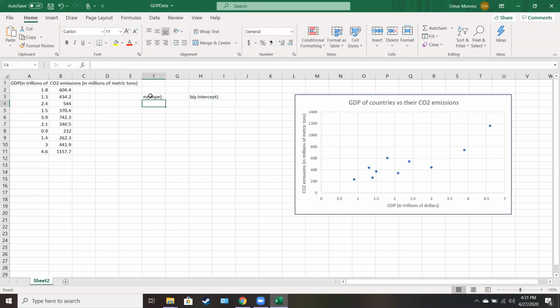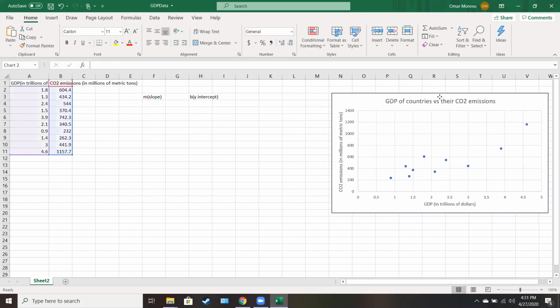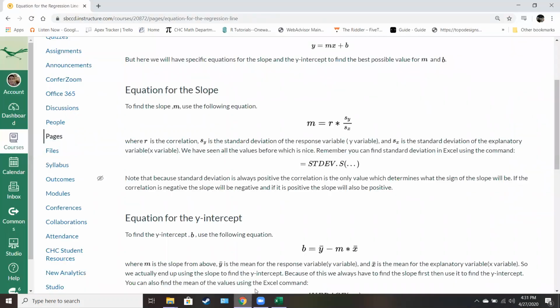All right. And these things have a bit of a different way to find them than you probably did in algebra. They have more complicated equations. If you've gone through the previous pages, the slope is your sample correlation, r, times Sy over Sx, where these are the standard deviation of your y values and the standard deviation of your x values. So I've got to find a couple things there and just multiply, divide, make sure everything is set up correctly.